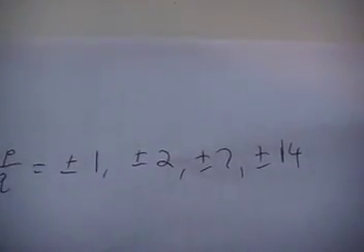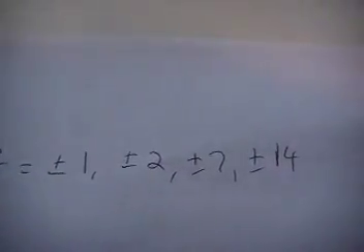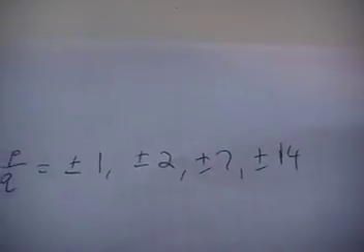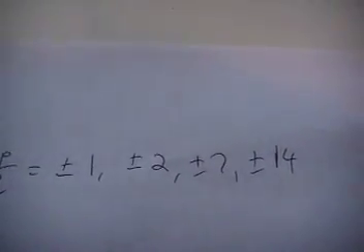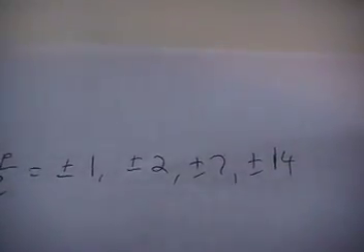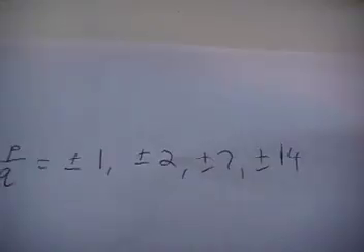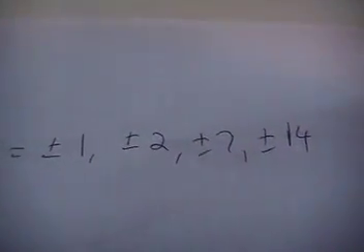So I could either do synthetic division with them, or I could do f of 1, f of 2, f of 7, f of 14, f of negative 1, f of negative 2, f of negative 7, f of negative 14. At worst case, I'd have to check 8 answers to see if any of these are zeros. Not every answer is a rational answer, but the ones that are rational, which happen the most, the good thing is they only come from this list.